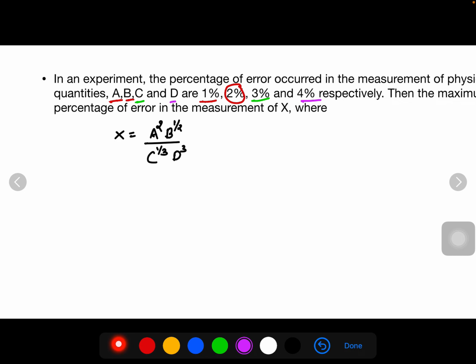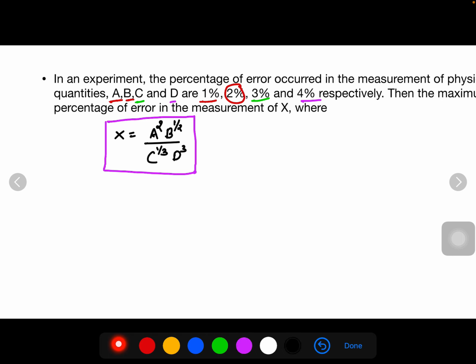Then what is the maximum percentage of error in the measurement of x? There is an equation given: x is equal to a squared b raised to half by c raised to 1 by 3 d raised to 3.